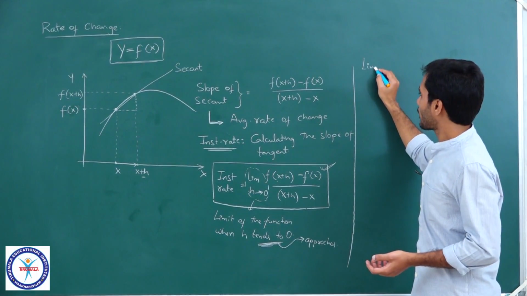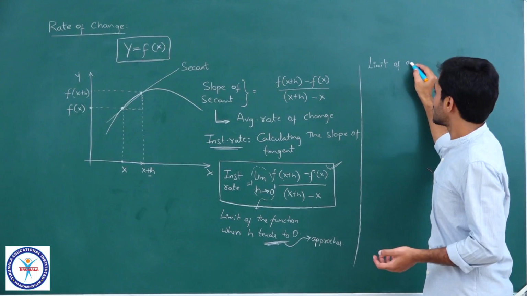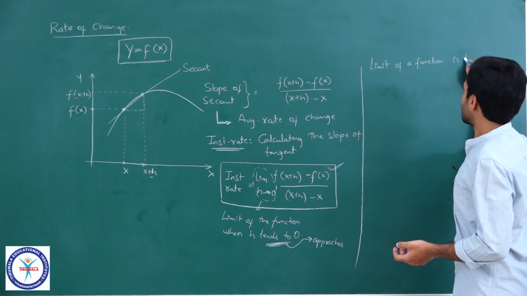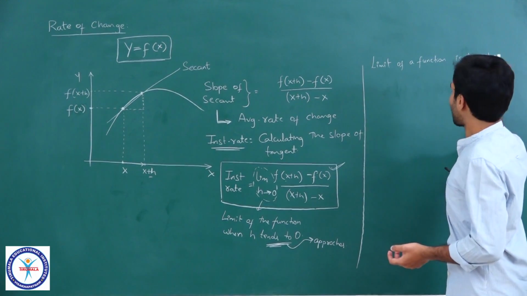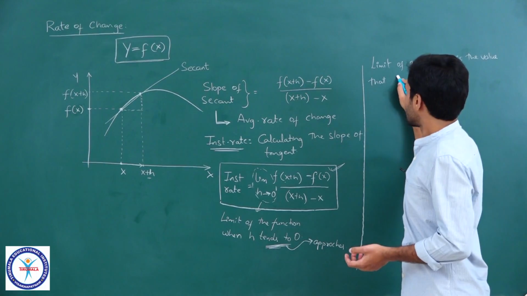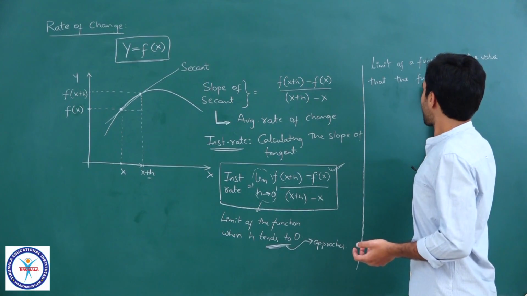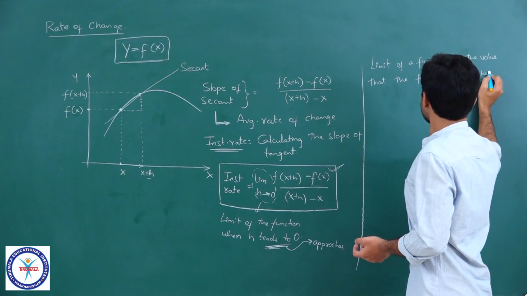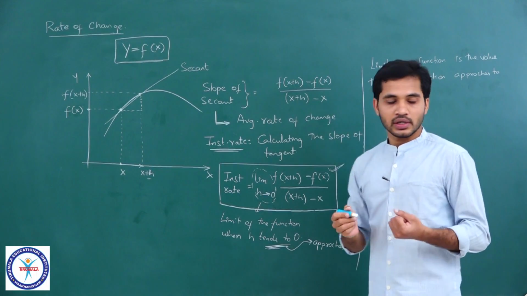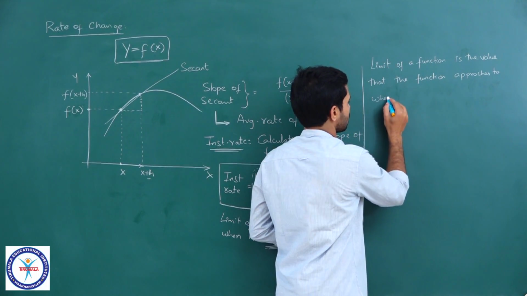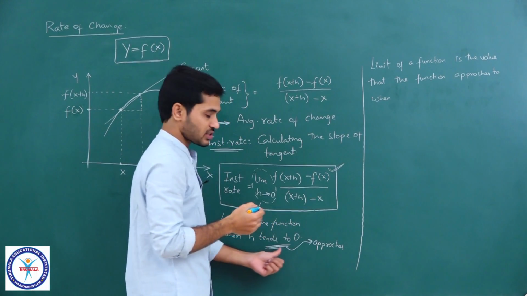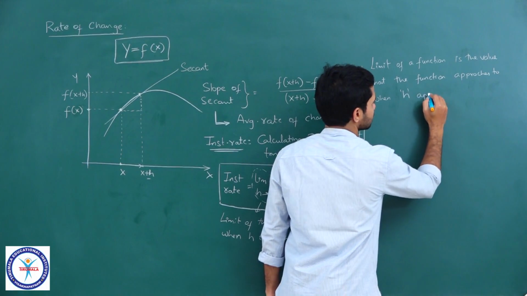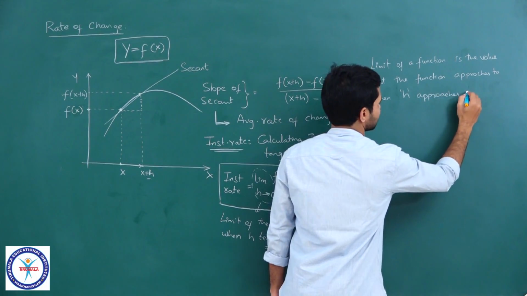Limit of a function is the value that the function approaches to when, in this case we are talking about h, right, when h approaches 0.